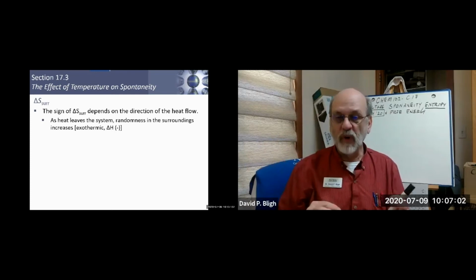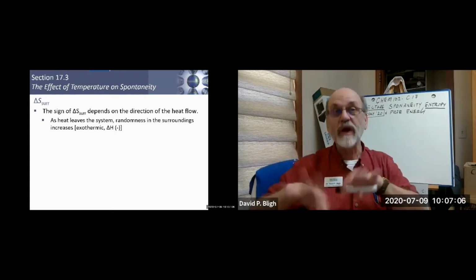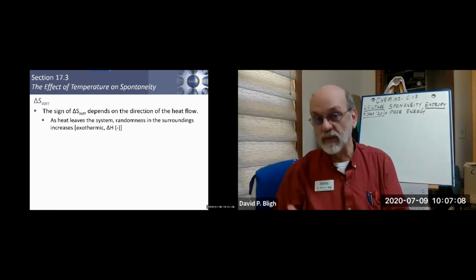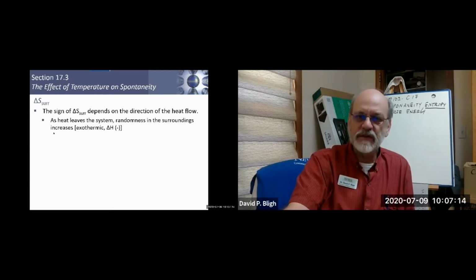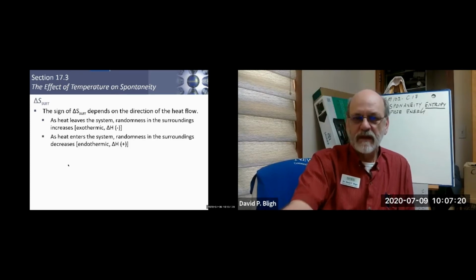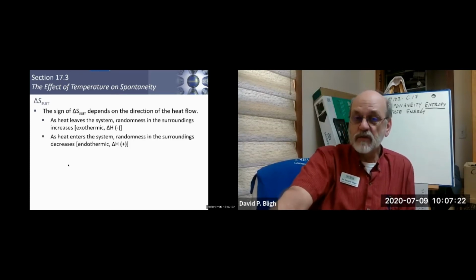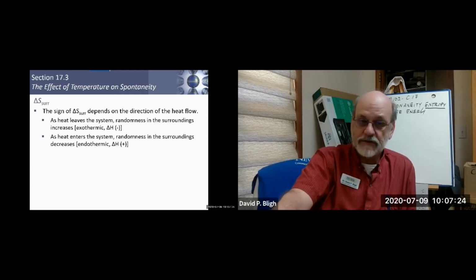So at any one point, you could have a greater number of microstates available. So as the heat leaves the system, the randomness in the surroundings increases, right? So for exothermic, you would expect that. And as heat enters the system, you would expect the randomness of the surroundings to decrease.